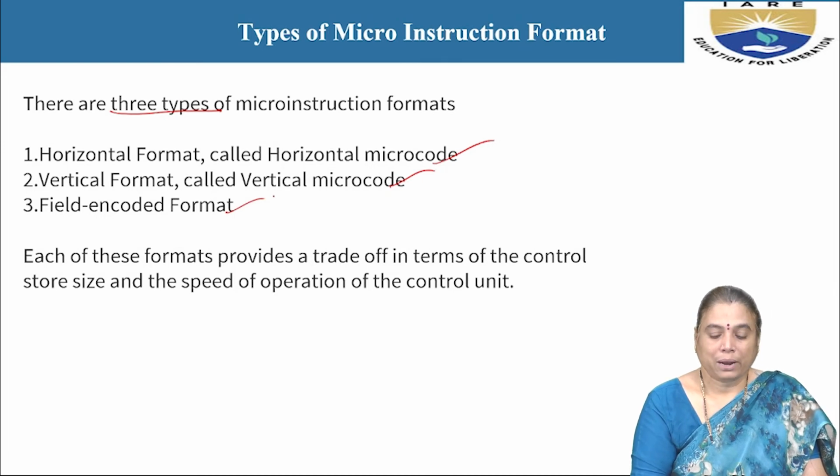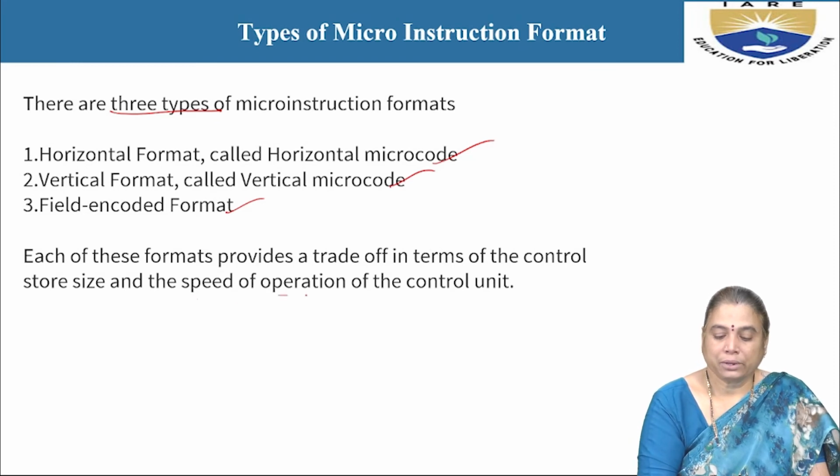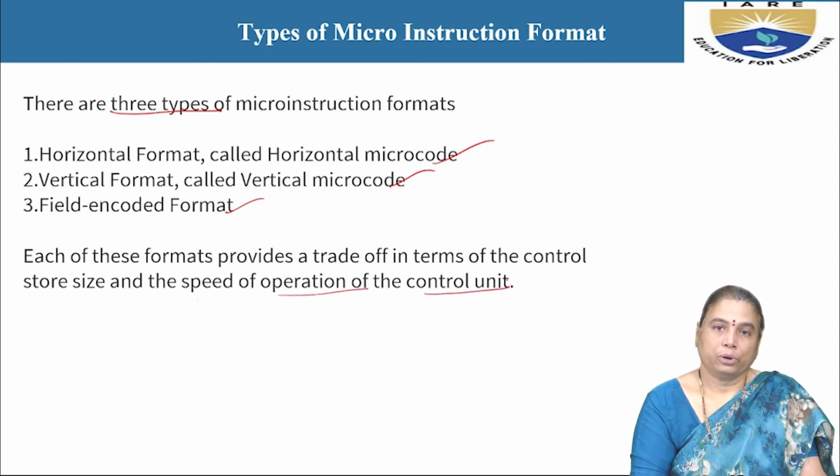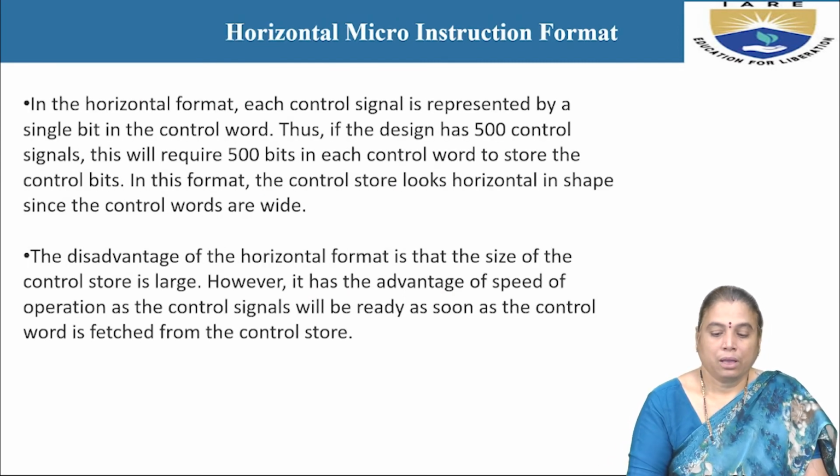Each of these formats provides a trade-off in terms of control store size and speed of operation of the control unit. Now, what are the 3 different types and how can they be used to control the speed of execution of the microprogram? The first one is the horizontal micro instruction format.